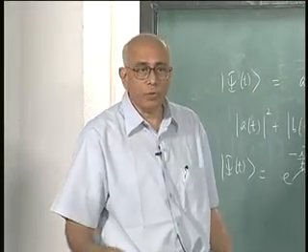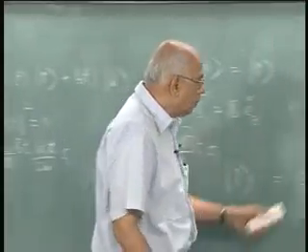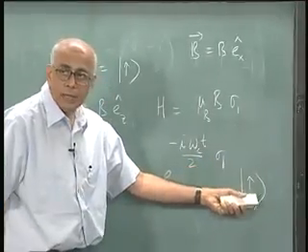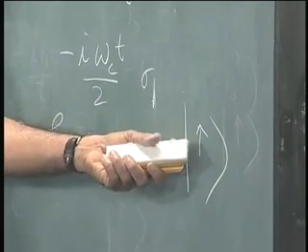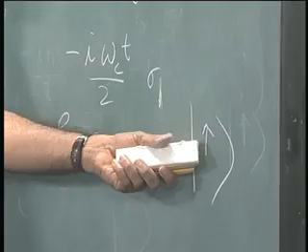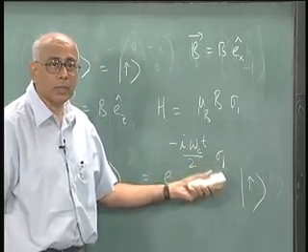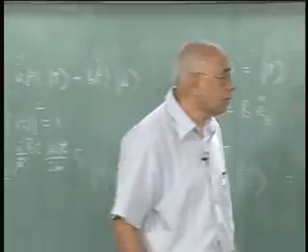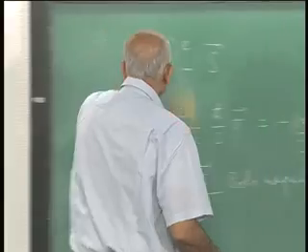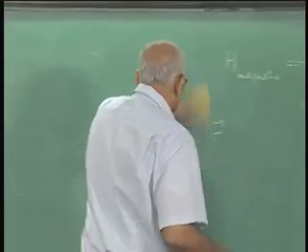Now this is not a pure phase factor by any means, because there is a sigma 1 here, and this state is not an eigenstate of sigma 1, it is an eigenstate of sigma 3. So you really have to write down what this quantity is explicitly. So let us work it out just this once.